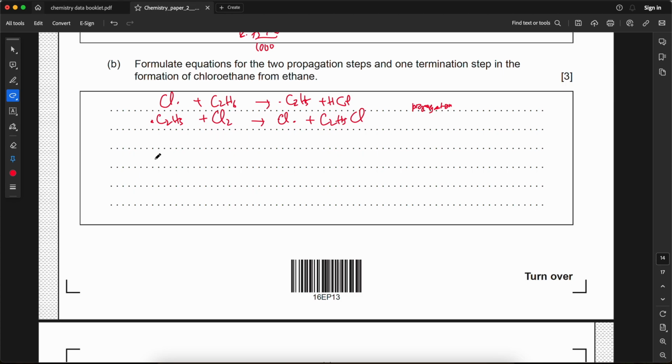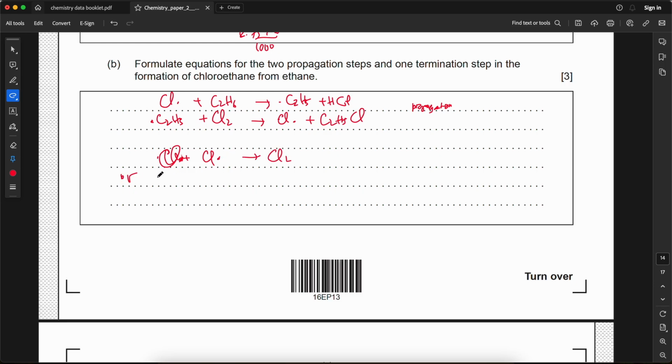Okay? Now termination. Termination involves the combination of reactive intermediates to form stable product, thus stopping the chain reaction. So it's a combination of reactive intermediate. So we have a reactive intermediate here, Cl radical. Cl radical plus Cl radical produce Cl2.